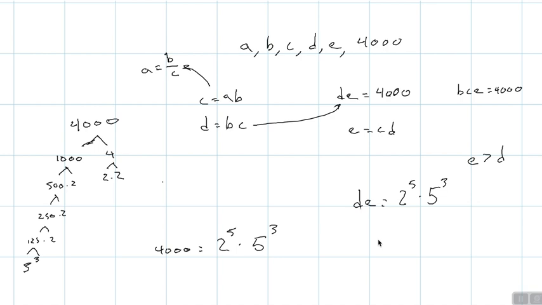What if we simply said E was 5 to the third? It wouldn't quite work, because then D would be 32, and 32 times something doesn't equal that. E has got to be 5 times something.